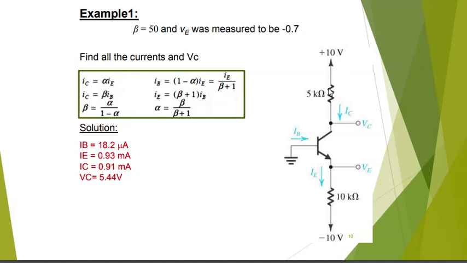If you use this 9.3 milliamps for IC, then the voltage VC will be 10 minus 9.3 times 5, so it will give you a negative value here. So this VCE will become negative, which is against the characteristics of the active mode of the transistor. In this situation, where the transistor is suffering from this overcurrent problem, the transistor goes to the saturation mode.